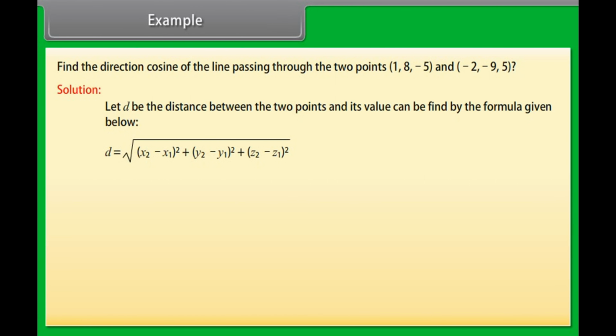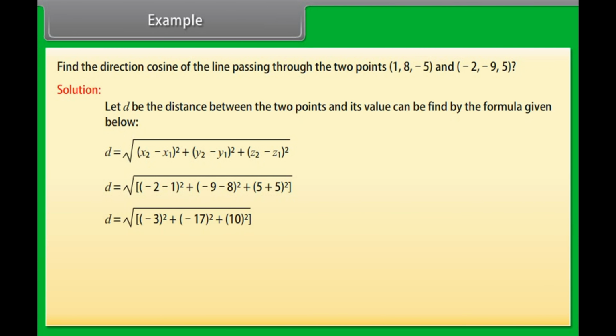D equals square root of minus 2 minus 1 square plus minus 9 minus 8 square plus 5 square. D equals square root of minus 3 square plus minus 17 square plus 10 square. D equals square root of 9 plus 289 plus 100.